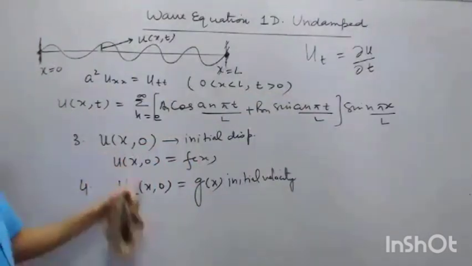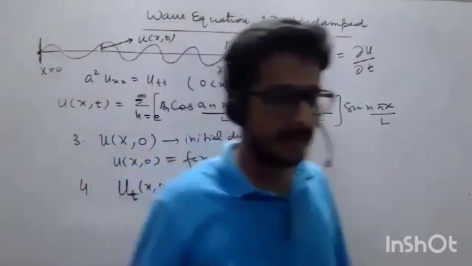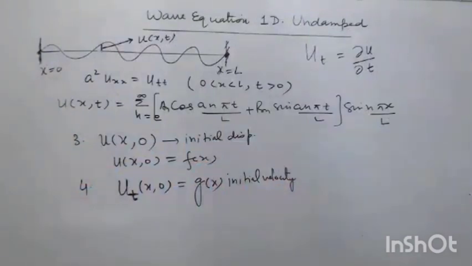So these two are given and they will calculate the value of this. So let us apply this and get the value of an and bn also. So what will be the value? Let us apply the first one.